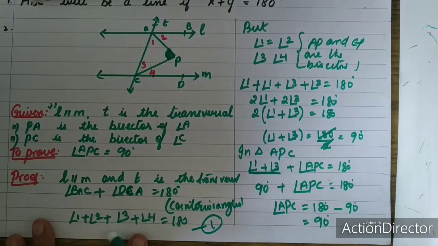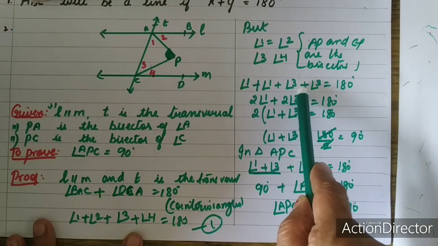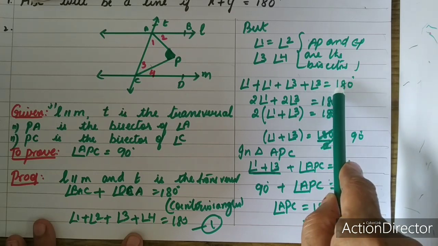Therefore, in equation 1, instead of angle 2, I am going to replace it by angle 1, and instead of angle 4, I am going to replace it by angle 3. So I am writing angle 1 plus angle 1 plus angle 3 plus angle 3 is equal to 180 degree.